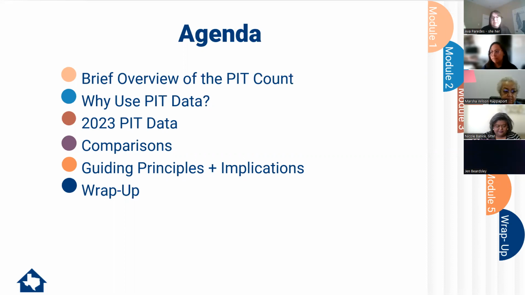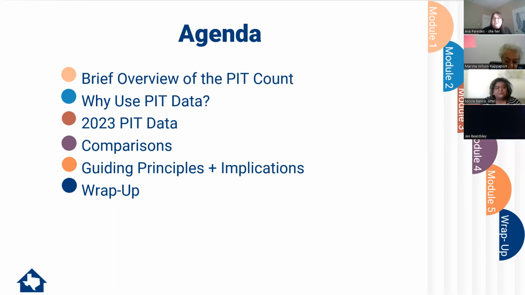We're going to talk a little bit about the 2023 PIT results themselves, and the housing inventory count data as well. Then some comparisons between those data that we can use to find gaps in services, as well as some guiding principles and implications. And then we'll have some time to wrap up at the end and ask questions if we need it, and give out some important links and our contact information.